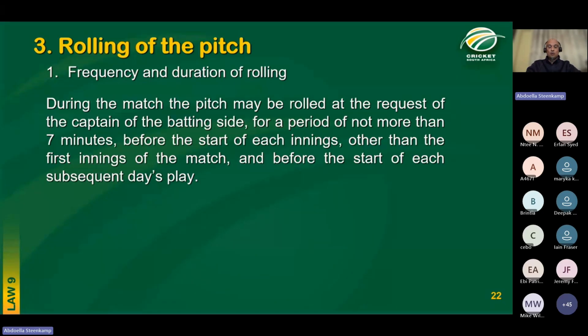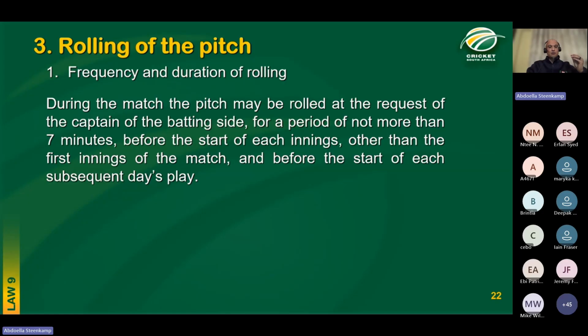Also, at international level, there are usually more than one roller available. We will also ask the captain of Australia which roller to use. That information we will then relay to the fourth umpire, who in turn will relay it to the curator. So that's practically what will happen.